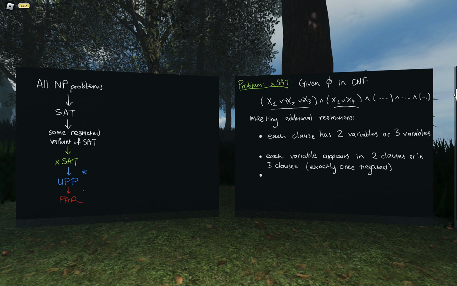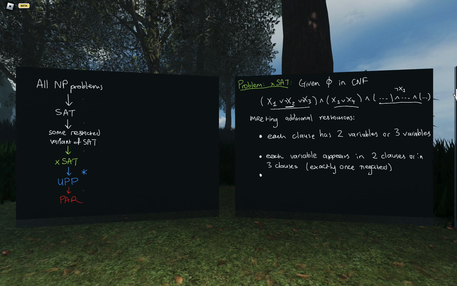So for example, if we have a look up in the example here, we've got a non-negated version of x1 here and a non-negated version of x1 here. Because of this exactly one negated condition, out here somewhere there must be some other occurrence of x1 and it must be negated. Here we have x2 occurring once negated.